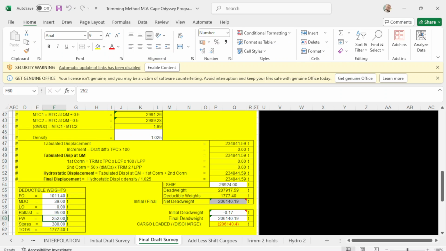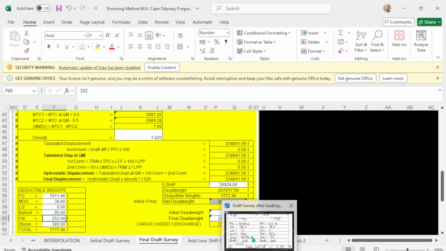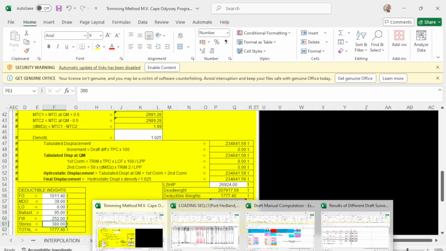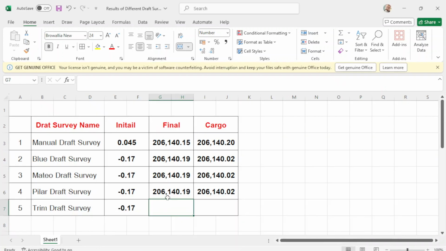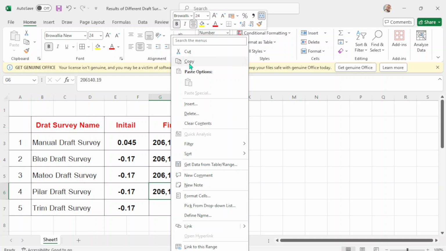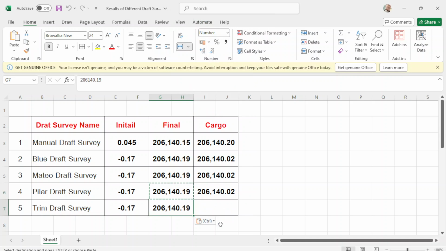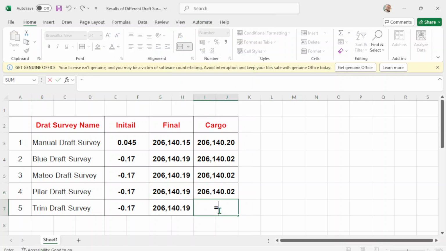And your freshwater is 252. Constant is 380. And what is your cargo? Cargo is 206,149. Okay, put this one. Copy. Paste. Okay. So this one equals this one.